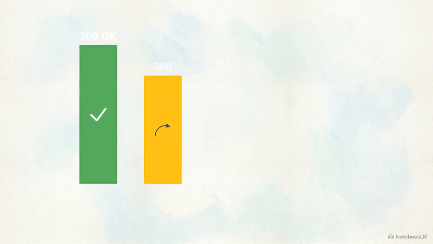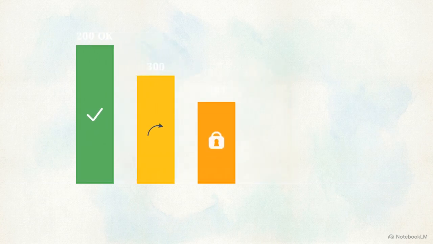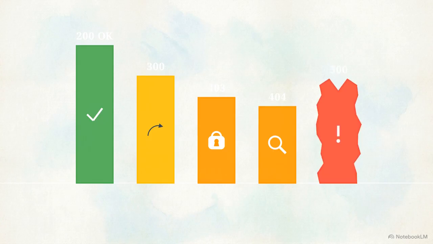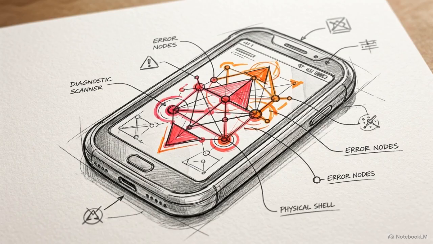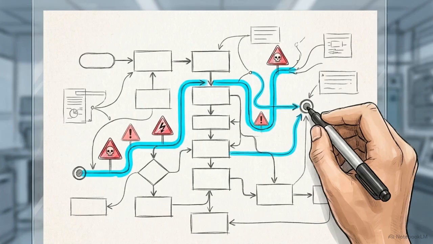But things don't always go smoothly. A 403 means you don't have permission to view the page. A 404 means the page simply doesn't exist. And a 500-level code means the server itself crashed while trying to make your order. These status codes act as an instant diagnostic tool. They let your browser know exactly how to handle the server's response before it even tries to read the contents.